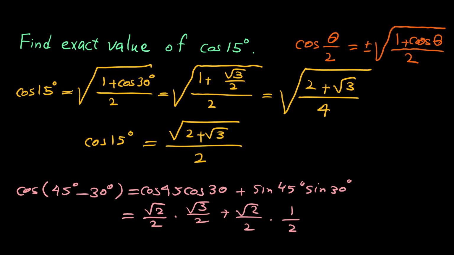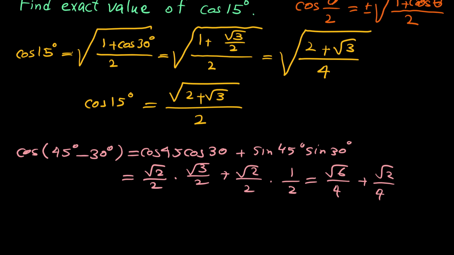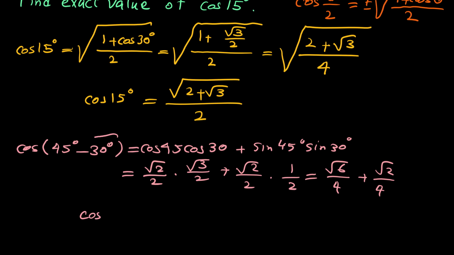If we simplify, this equals radical 6 over 4 plus radical 2 over 4. So based on this method, cosine of 15 degrees is radical 6 plus radical 2 over 4.